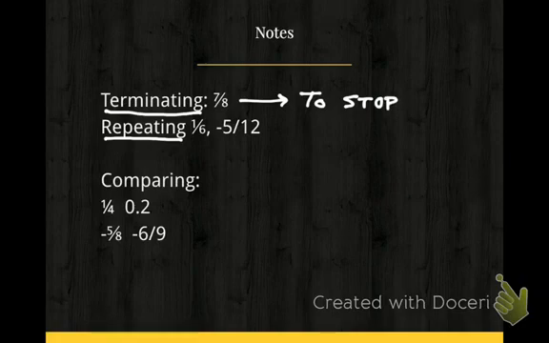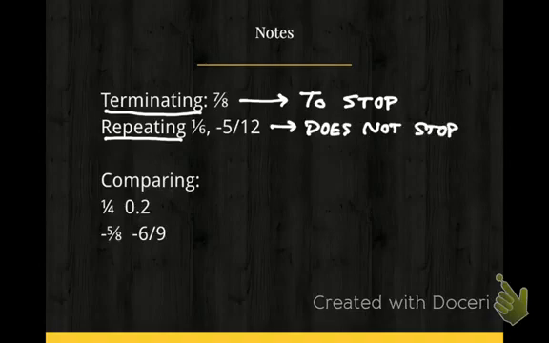It has an end. Whereas repeating does not stop. Repeating never stops. So that is a decimal that goes on forever and ever. It will eventually, hopefully, find a pattern, whether that's a single digit repeating or maybe 2 or 3 digits repeating over and over again, because that can give us a hint as to what fraction that decimal came from.